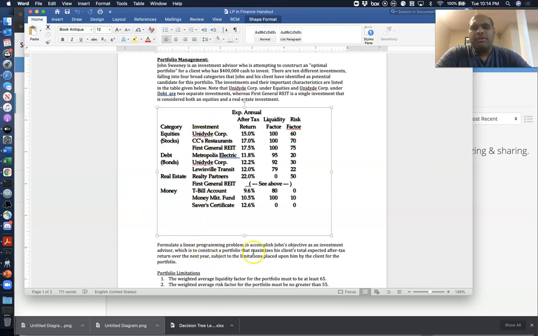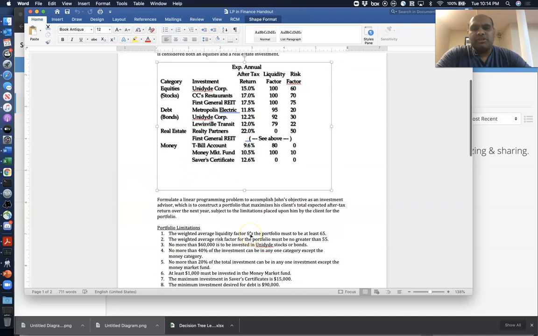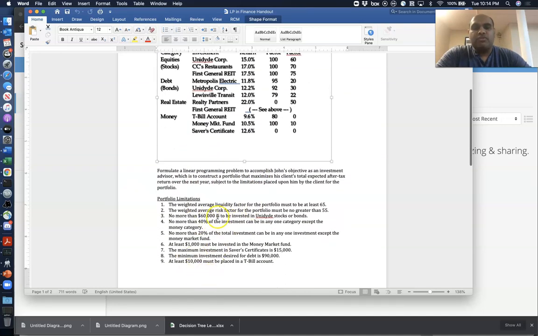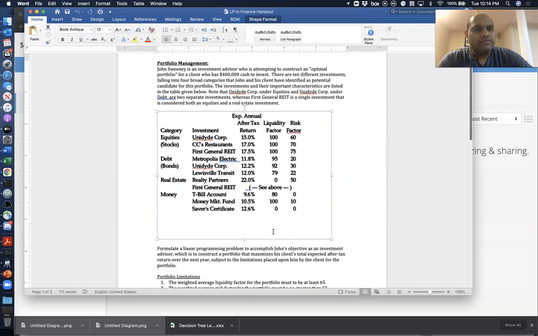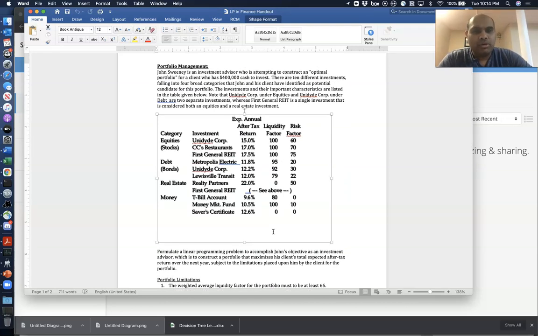So you have to formulate a linear programming problem to achieve John's objectives given these portfolio limitations. We'll go through the portfolio limitations, put them down as constraints, and set up this problem. Now, there are two ways of going about it, as with all of these finance problems, especially portfolio management.